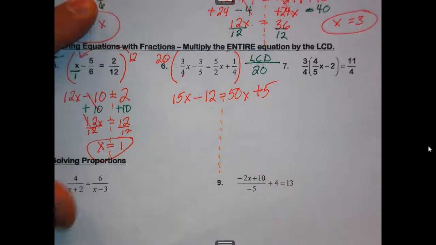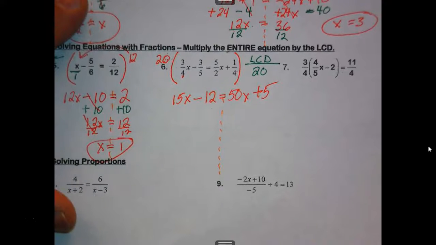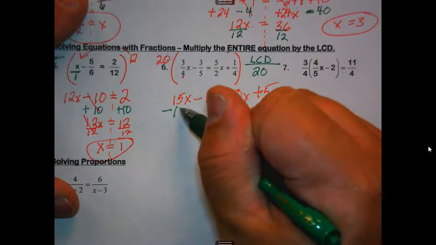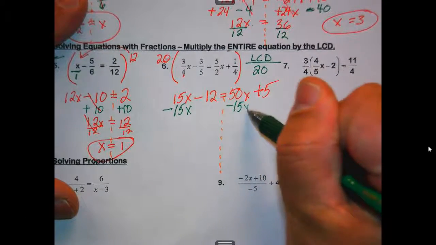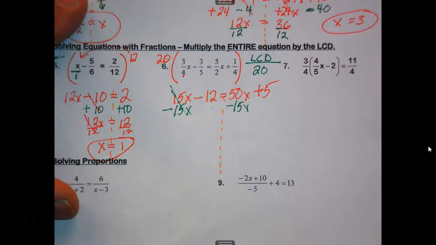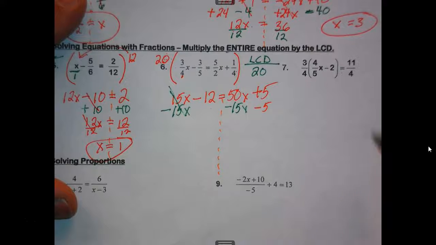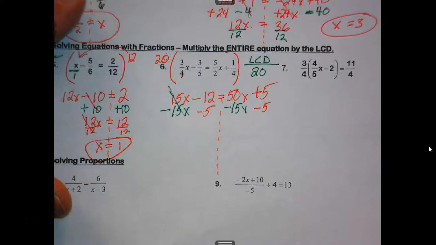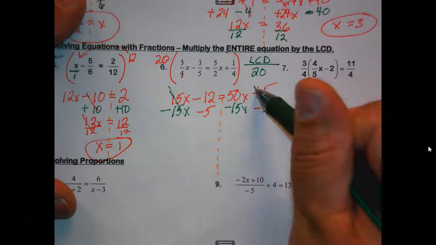All right, I'm going to get my x's on one side, numbers on the other. So I'm going to subtract 15x. That brings my x's over here. So I need to bring this number over there. So I'm going to subtract 5. All in one step. Okay, I get negative 12, so that gets rid of these numbers.